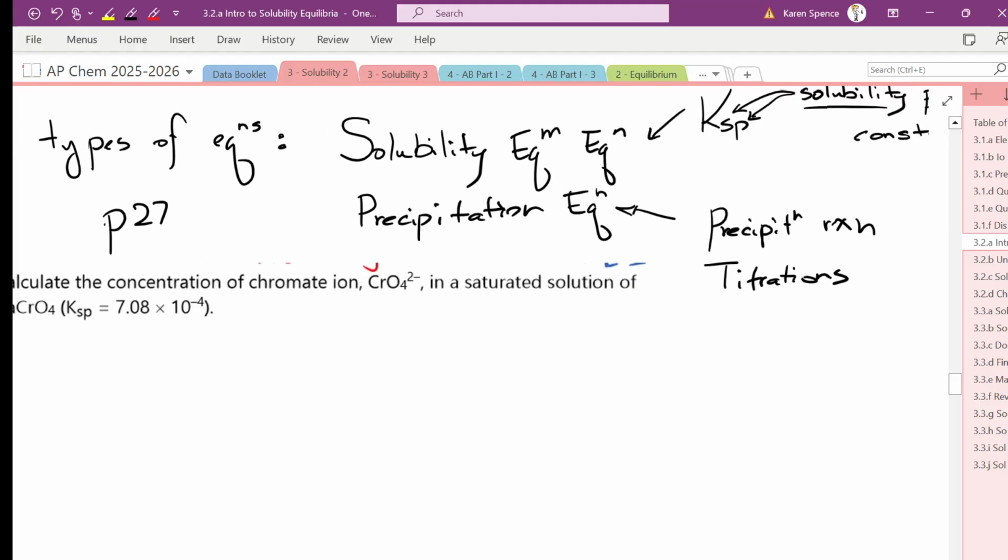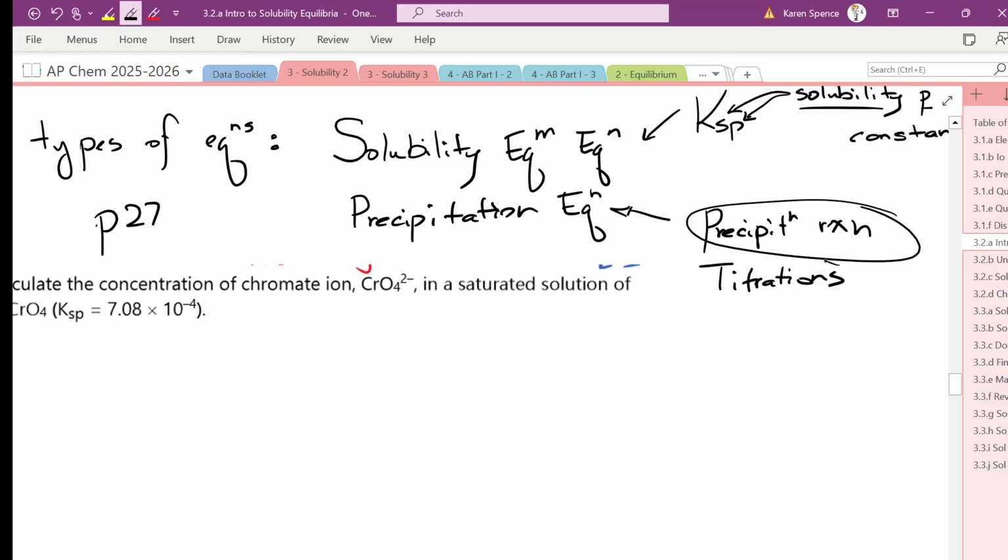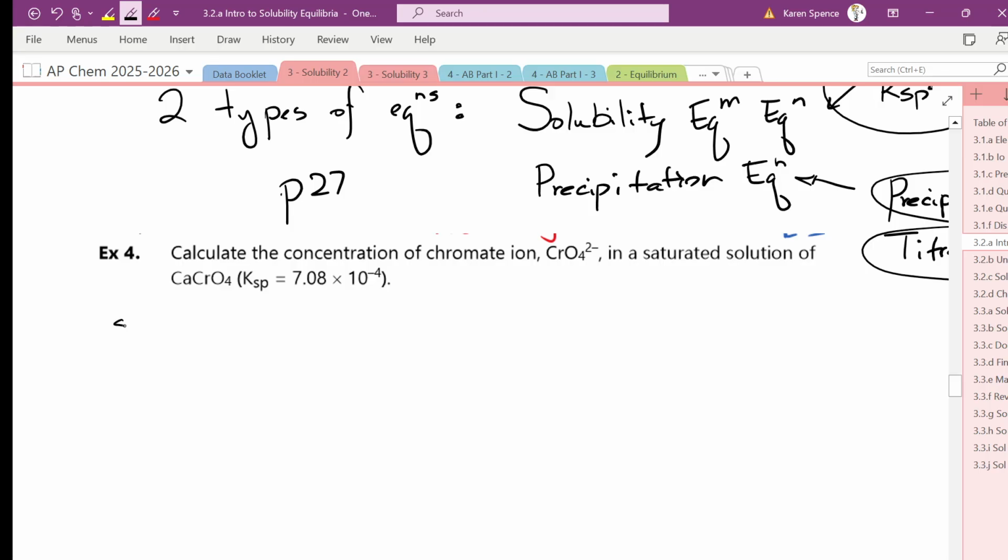Are we doing a precipitation reaction or a titration? No. Are we doing something with KSP? Yep. So we are going to use the solubility equilibrium equation. And you get to remember if that's a one-way arrow or a two-way arrow, and if the solid goes on the left or the right. So write that out for yourself and check with your partner.